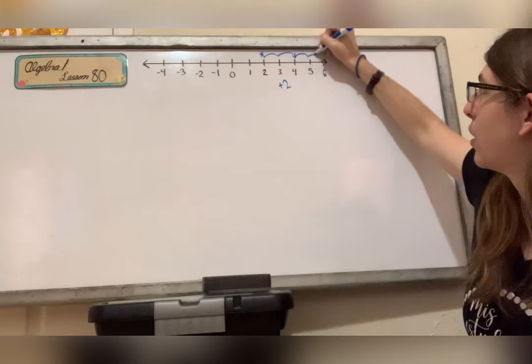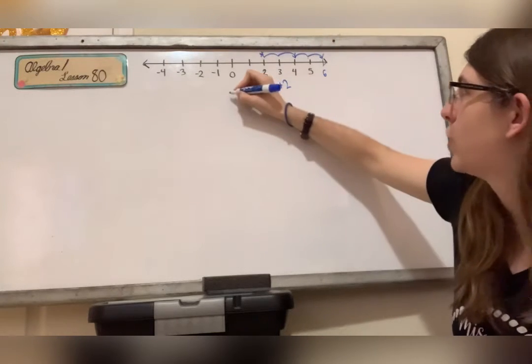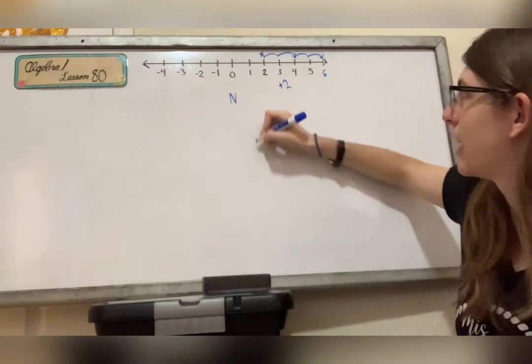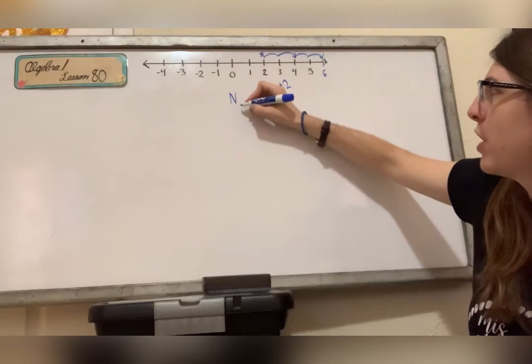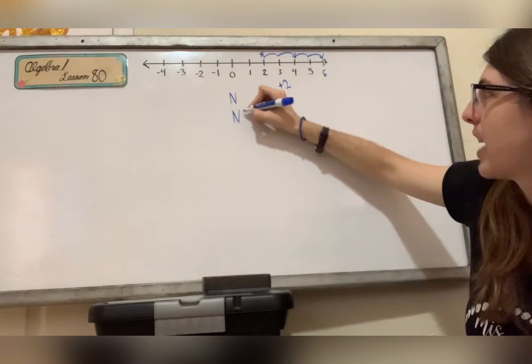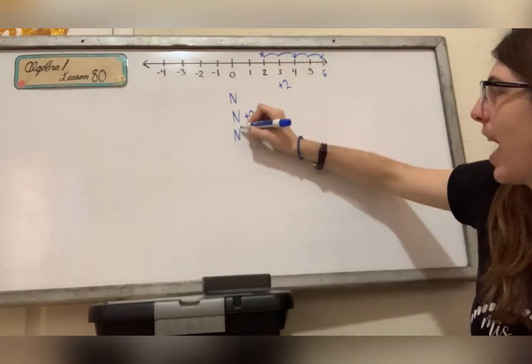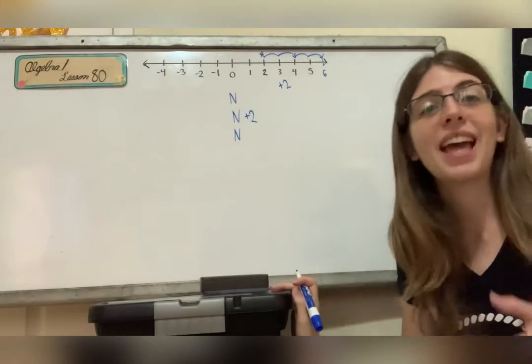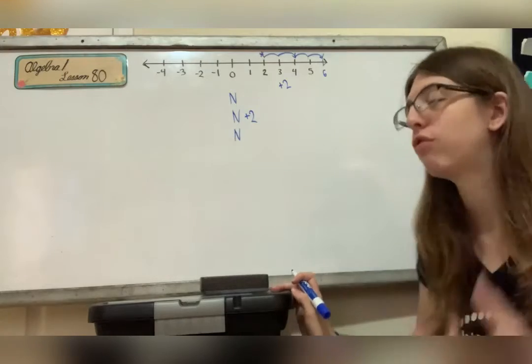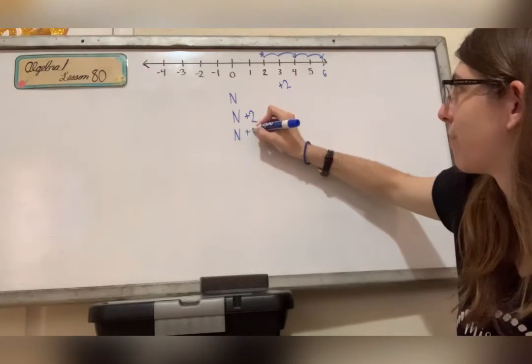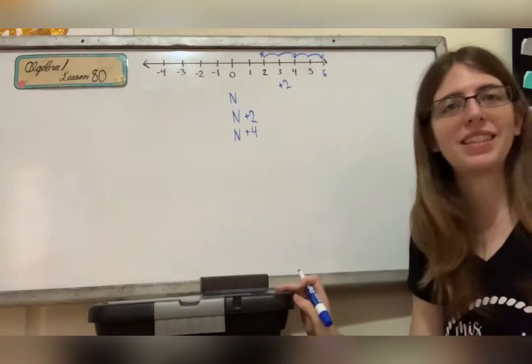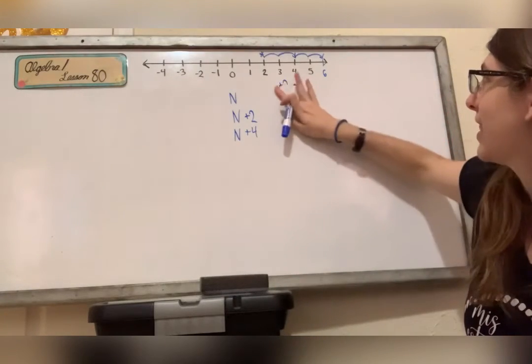So that's 2 more. So if my number is n, I want to know the next even number, I have to have n plus 2. And if I want to know the next one after that, it's not n plus 3, it's n plus 4, okay? Let's see if it's the same with odd numbers. So that's even.